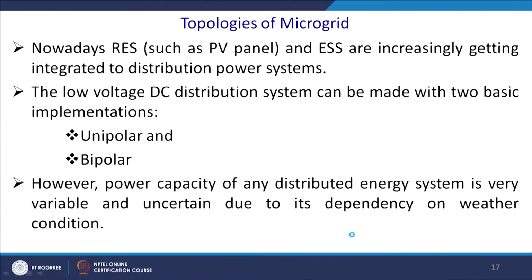And another, we have discussed the topologies of the microgrid, we are just recapitulating it again here. These are unipolar and bipolar microgrids. Nowadays, we have seen that the bipolar microgrid gives you more redundancy.